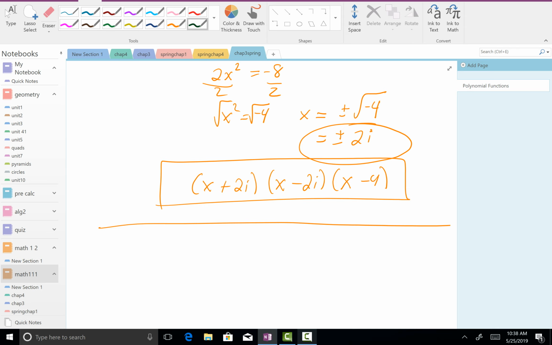They didn't give me any x cubed ones here. Let's try this one out. Negative 4x cubed minus x squared plus x plus 2 equals 0. Okay, graph it.